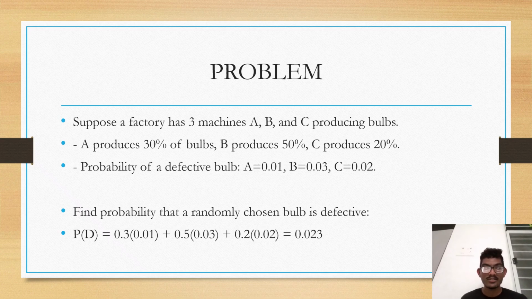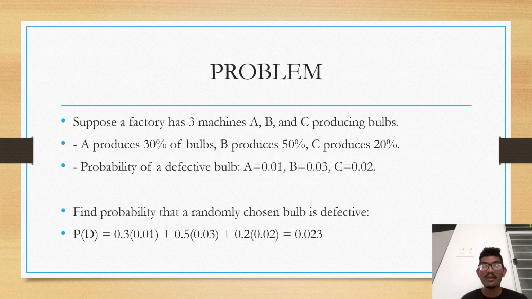So now we have to multiply the conditions for machine A, machine B, and machine C: 0.3 into 0.01 for machine A's bulbs and its defective bulbs, 0.5 into 0.03 for machine B, and 0.2 into 0.02 for machine C.